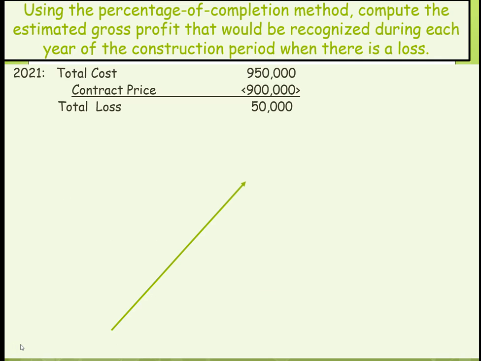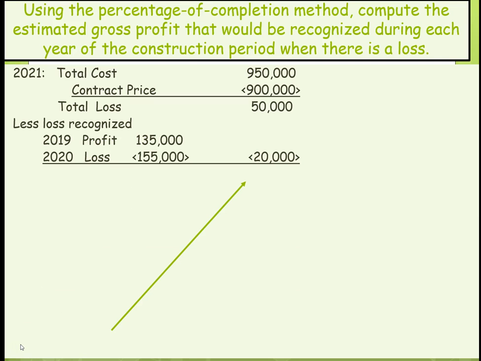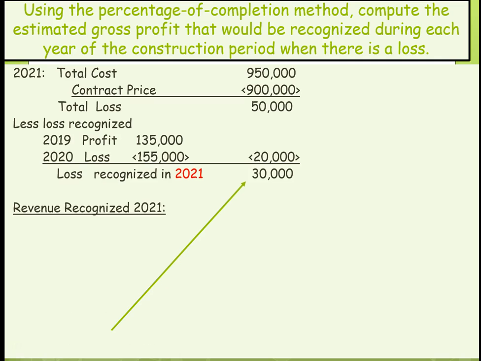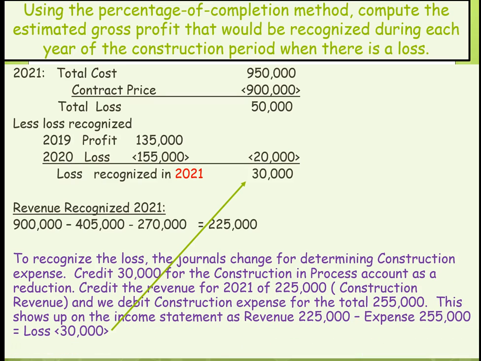We now are predicting an overall loss of $50,000. We're going to subtract out the prior year, and we're going to recognize $30,000 in 2021. The revenue we're going to recognize is $900,000 minus the 2 prior year amounts that we recorded, gives us $225,000.